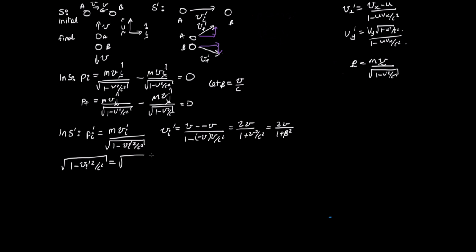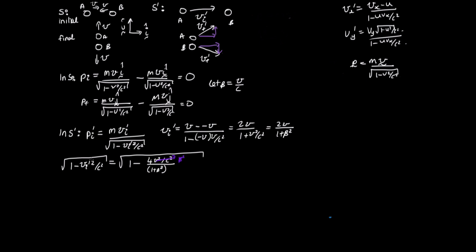So we can write this as the square root of 1 minus this thing squared, which will be 4v squared over 1 plus beta squared, and then we've got this c squared. So I'll put that on c squared, and why I've done that is now we've got a v squared on c squared here, so we can replace that v squared on c squared there with beta squared.